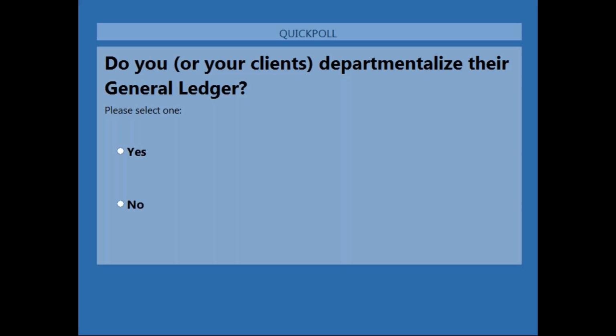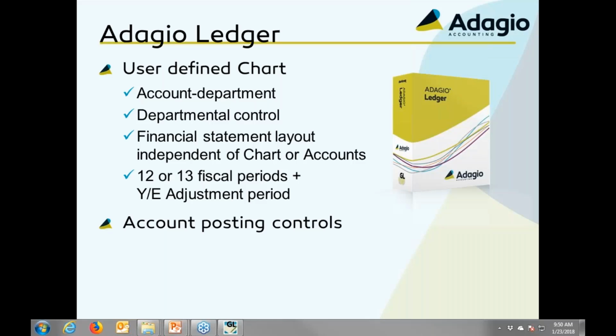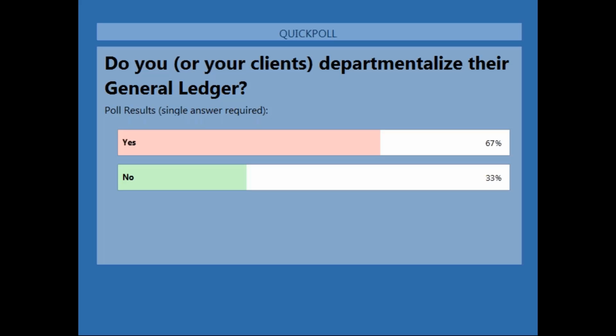In a First Nation, it's used for health and social services and education and mental health and all of those things. In a community living association, it would be used for the different homes that the association is supporting. I've seen it used for a different department for every patient. I'll just show you. So over half of you, two-thirds of you, are using departments.